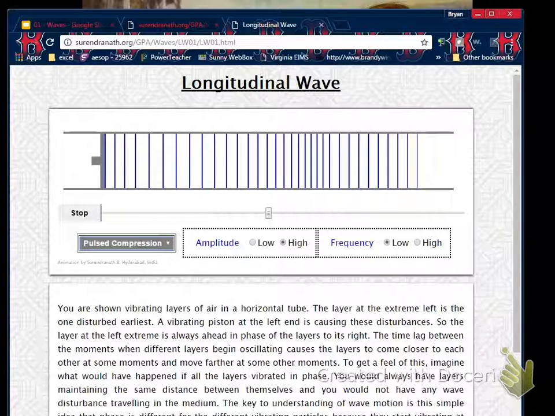Okay, left to right. So our energy is moving in this direction. What's the direction of oscillation of the medium? What direction are those little bars oscillating? Are they oscillating up and down or left and right? They're oscillating left and right.